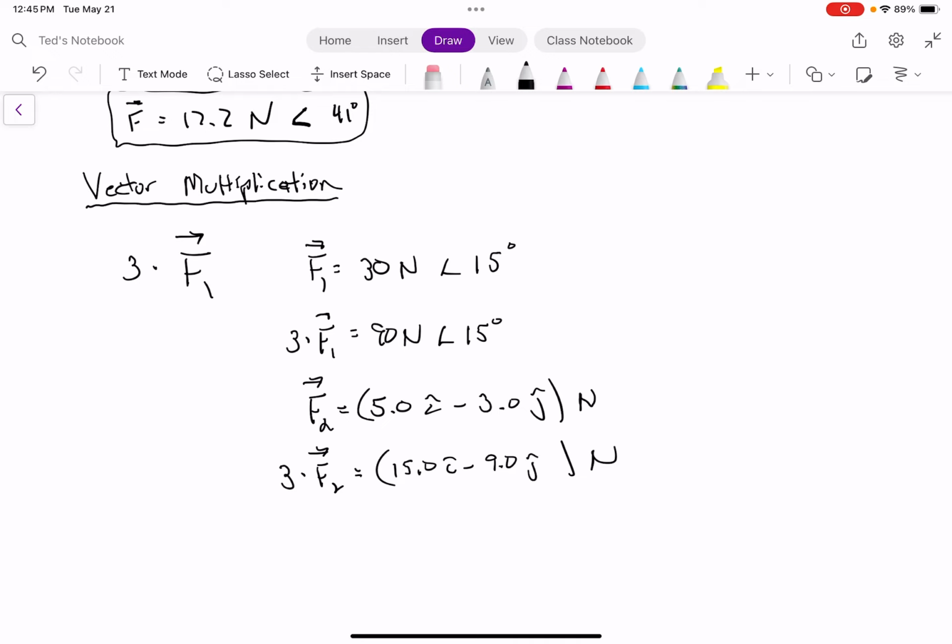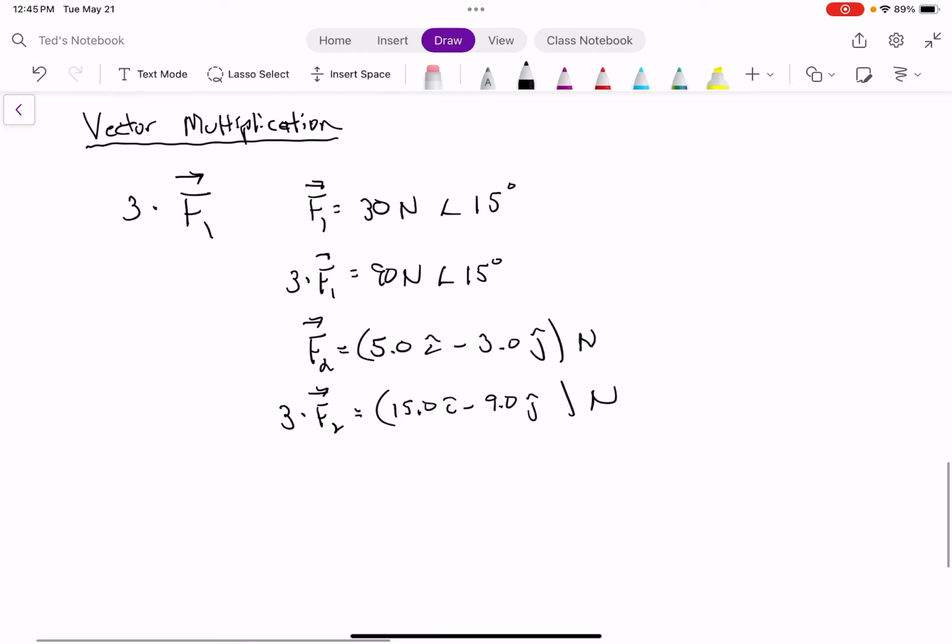We can simply distribute the 3 to the i hat and j hat parts of the vector. So the x component gets 3 times bigger and the y component gets 3 times bigger. So multiplying a vector by a constant is really straightforward and easy.